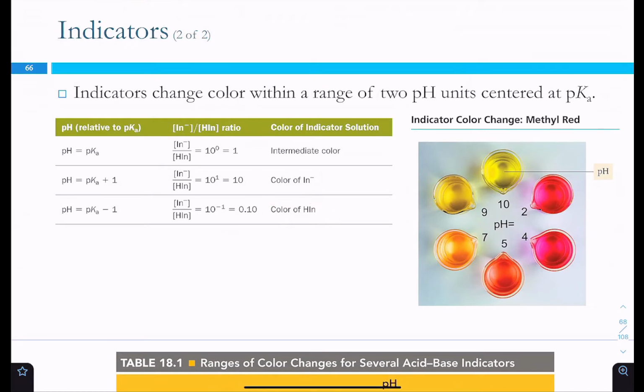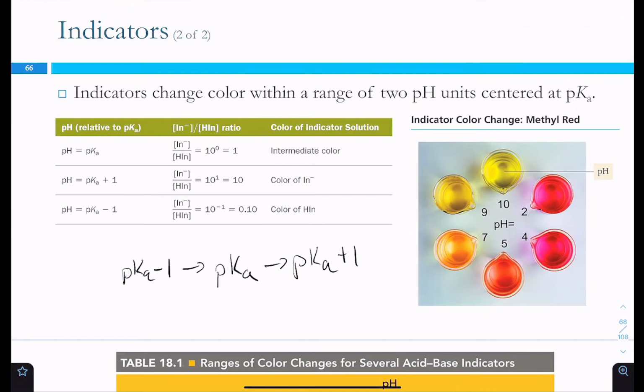And so, I'm not a huge fan of the way this is worded, but indicators change color within a range of 2 pH units centered at pKa. So it'll change colors starting at pKa -1, going to pKa, and then it'll continue to change color until you get to pKa +1, or where the pH is the pKa -1, pKa, and pKa +1.